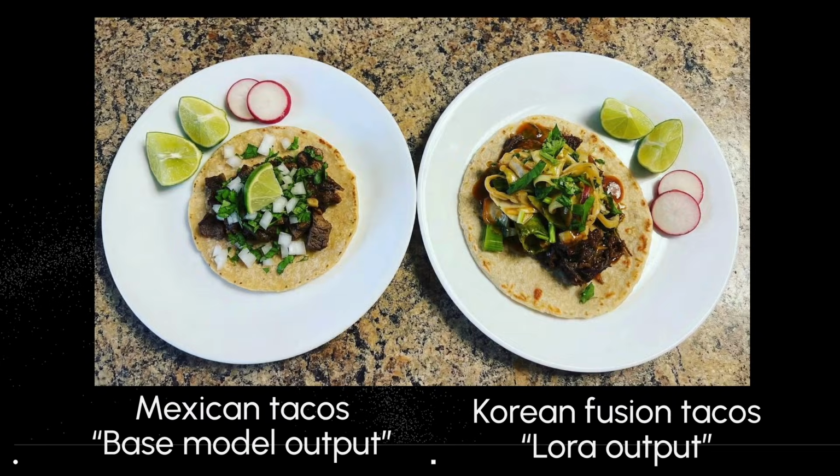He is the knowledge bringer that is slightly modifying things without changing the entire thing. Now, if we put the traditional base model output, which are, let's say, carne asada tacos made the traditional way on the left, then Roy's output is almost the same, but slightly different. In this case, the Korean fusion tacos, the bulgogi tacos. And Roy is not just good at making tacos, he can also use his skill set to make other types of outputs.